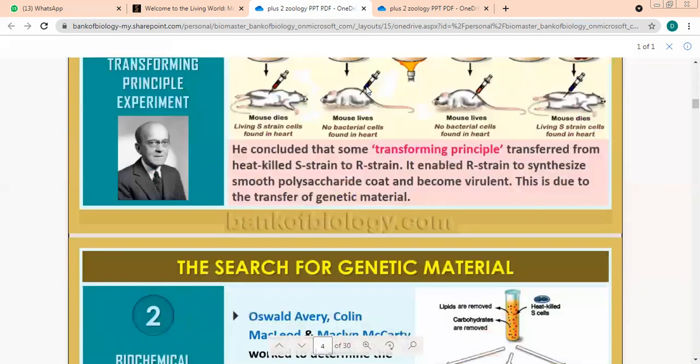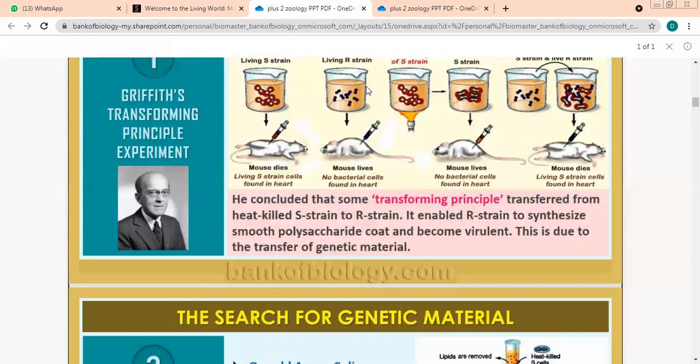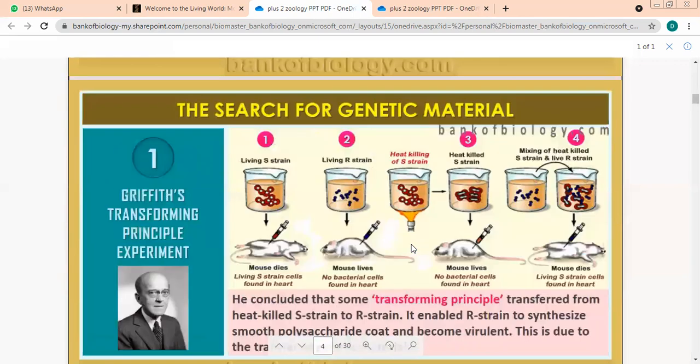So we were talking about this. The first experiment that we have done is this one. He said this thing which was transferred is actually the genetic material. So the first experiment for the search of genetic material is Griffith's transforming principle.